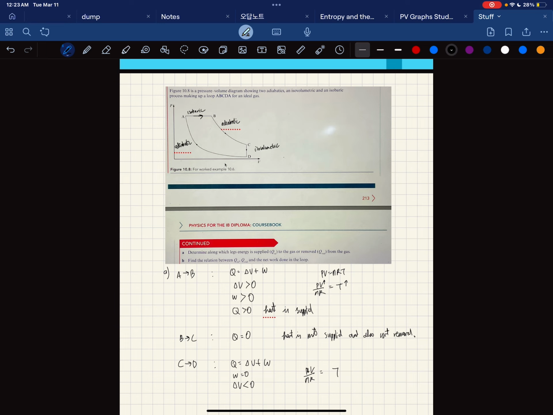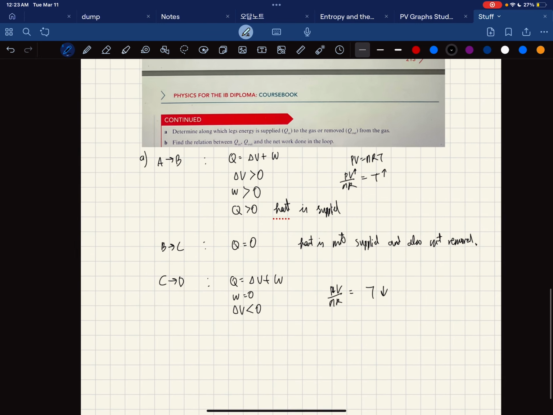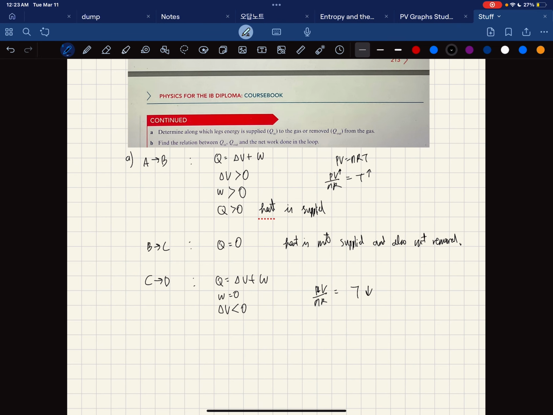Remember, everything else remains the same. If pressure has decreased and it's in the numerator, that means the temperature of the gas has also decreased. And when temperature of the gas decreases, that means that the internal energy has decreased. So 0 plus negative number is negative number. So Q is smaller than 0, which means that heat is removed.